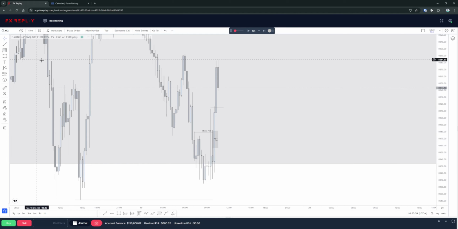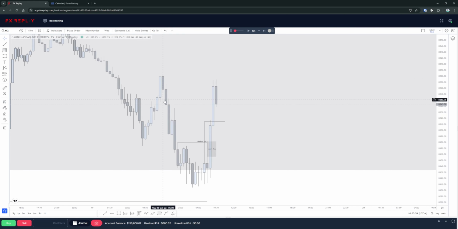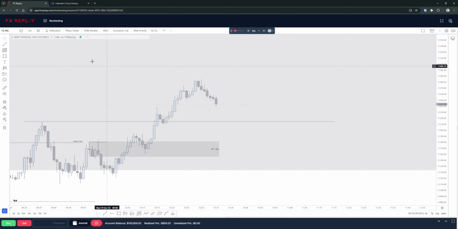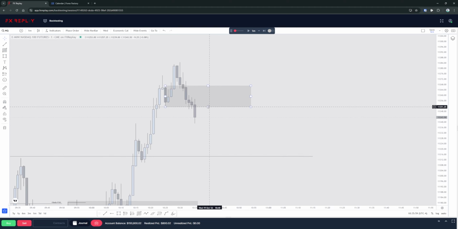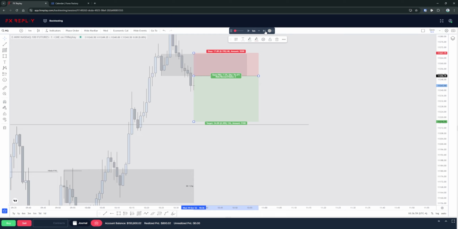Okay, what do we have here on the higher time frame? This isn't a trade I would take because we've closed above a bearish breaker and haven't had a sweep of a high. So we have a bearish breaker block here with an FVG in it, but I wouldn't take this. See what happens.